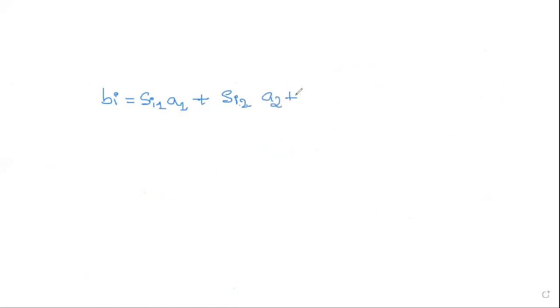S_i3 A3, source is i, reflection from 3. Similarly, for the nth term, source i, reflection from the nth line, and the incident is AN. So i can be any line from 1 to N.